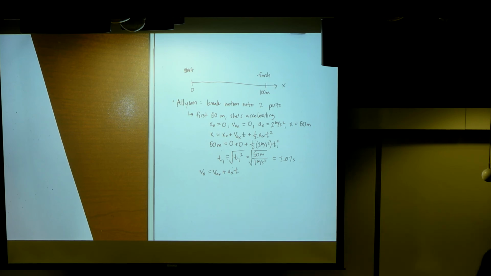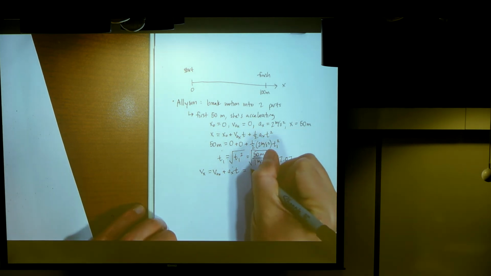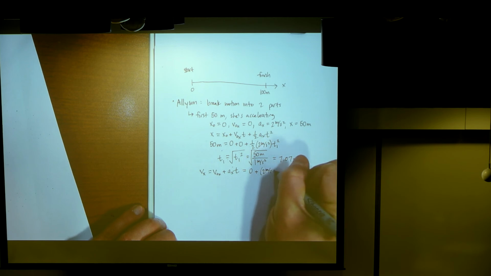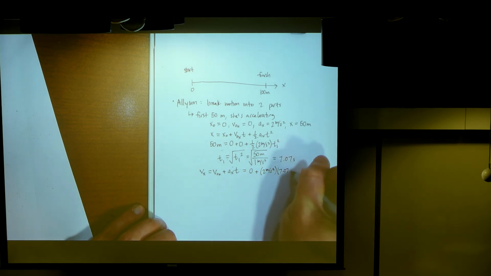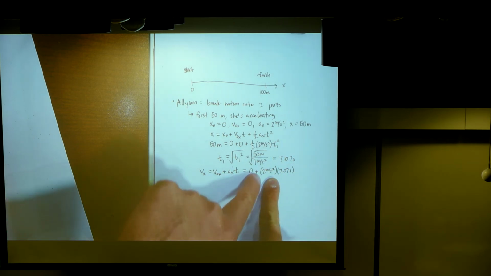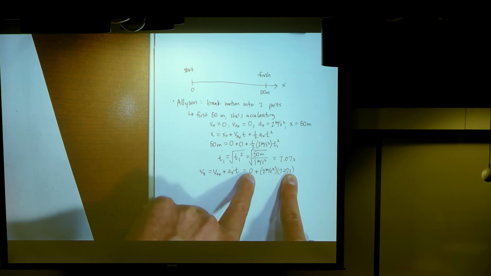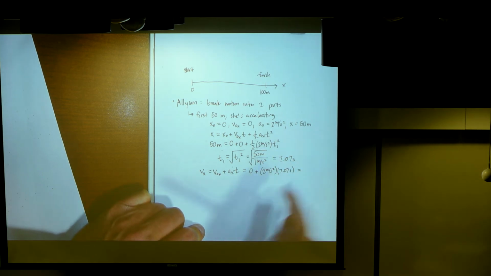So, starting with an initial velocity of 0, and then accelerating at 2 meters per second squared, and then plugging in this time. This will tell us if you're accelerating at this rate for this amount of time, starting at 0 for your velocity, you'll end up with this velocity.